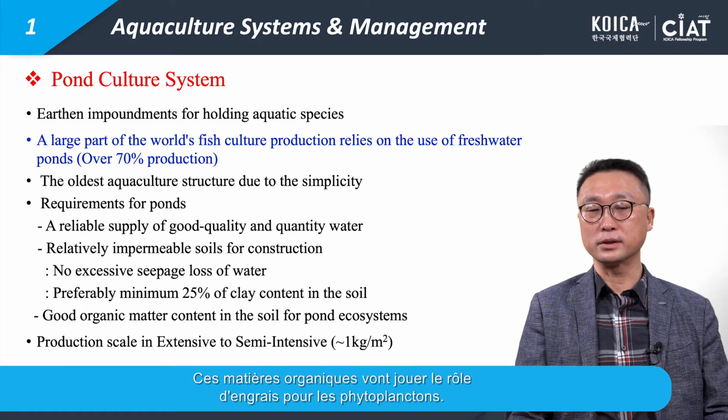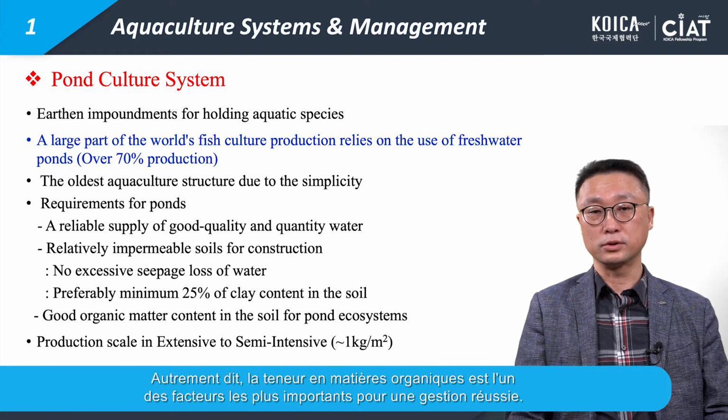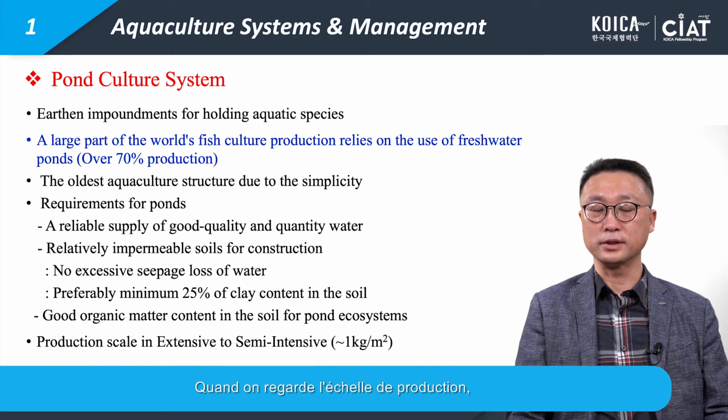Those organic matter contents will be the fertilizer for phytoplankton. So that's why I'm saying good organic matter content is one of the important factors for successful pond aquaculture management.